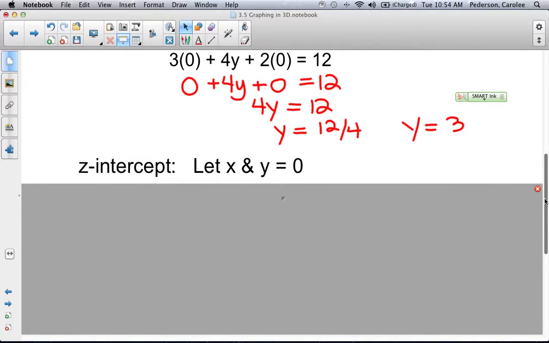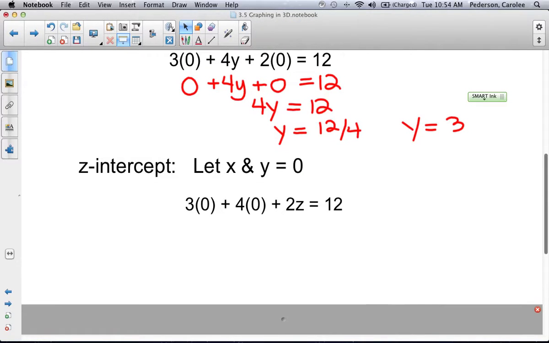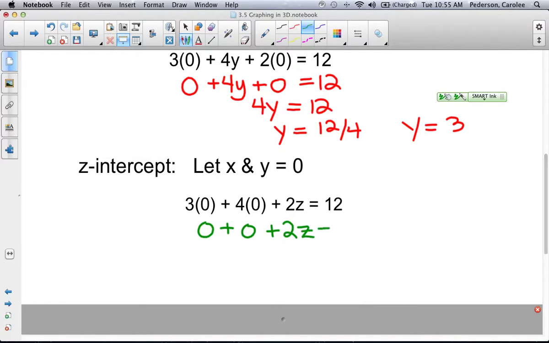Our last one is to find the z-intercept. Where does it touch on the z-axis? So now we're going to let x and y be 0. So the x and y terms will cancel out. They will become zeros. And then we will be left with 2z equals 12.